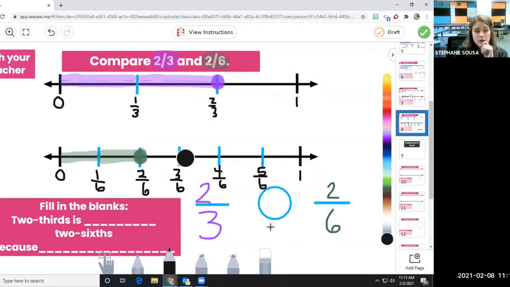And we're going to compare, which we can see that 2/3 is greater than 2/6. We can see that visually, but we can also think about the size of the unit fraction. 1/3 is a bigger piece than a 1/6, so 2 of them would be larger than 2 of the smaller 1/6 pieces.